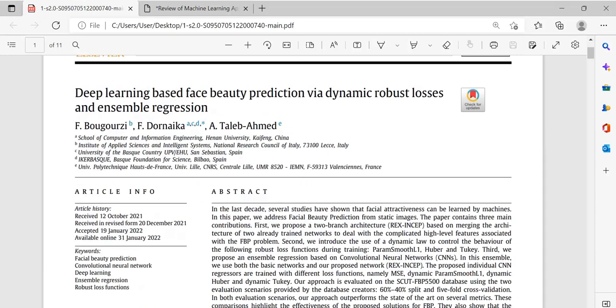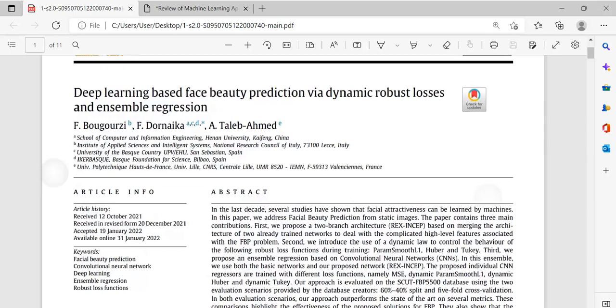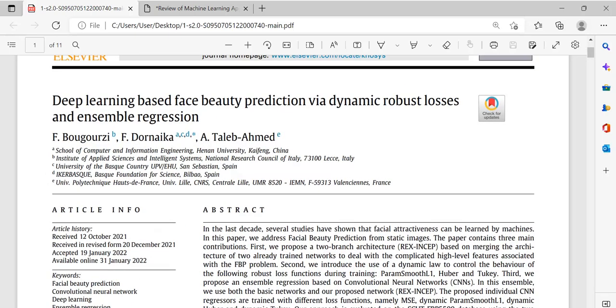So researcher, how can you start reading the paper? First of all, we try to figure out the name of the paper. They are saying: deep learning based face beauty prediction via dynamic robust losses and ensemble regression.